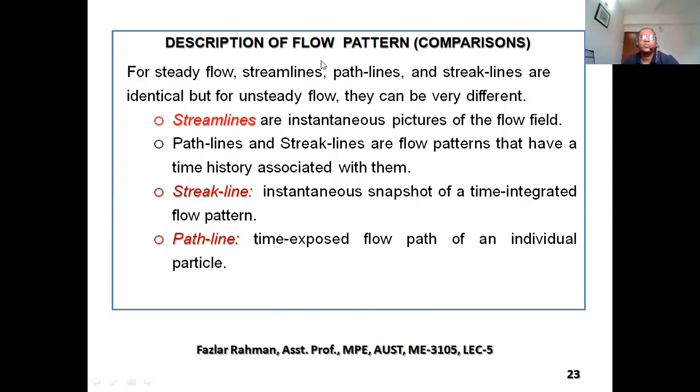That means you have to consider the time, not the velocity, but the time. Within 5 seconds or within 2 seconds, how the fluid particle is traveling in the stream, and you make that line. That is called a path line.